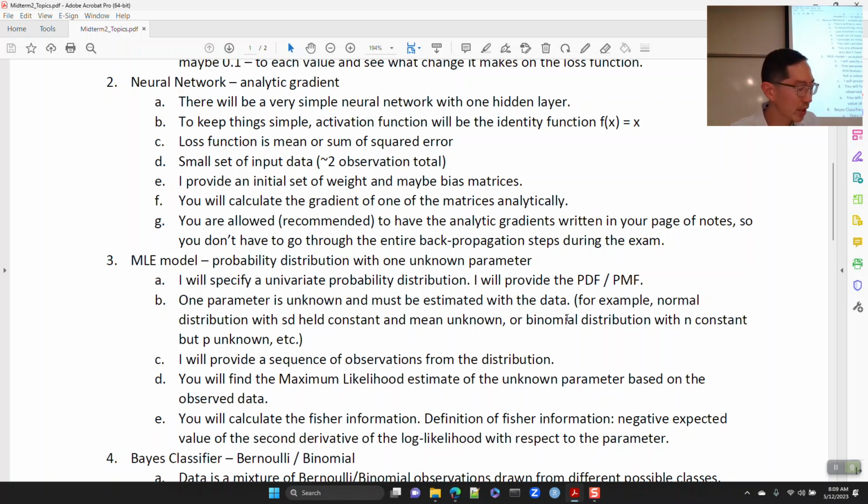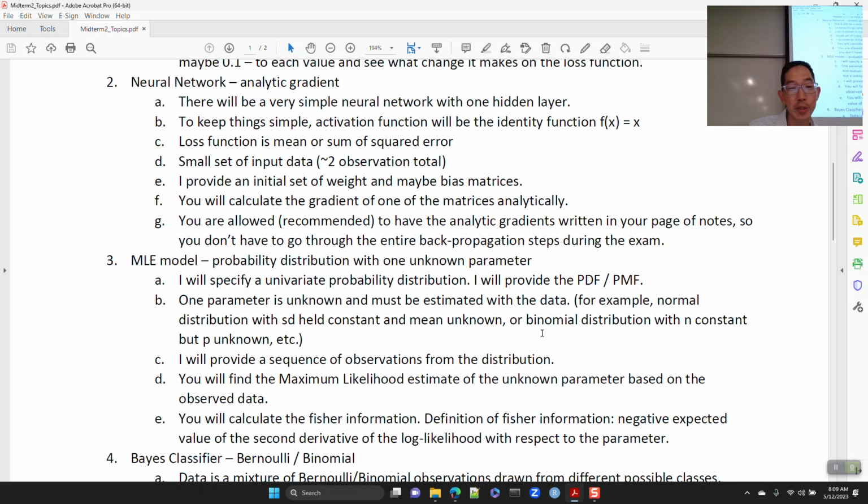It could be a probability distribution that just has one parameter, or it could be like the normal distribution, but we'll say this parameter is fixed at this value. Okay, so there's only one unknown. All right. So one parameter is unknown and must be estimated with the data.